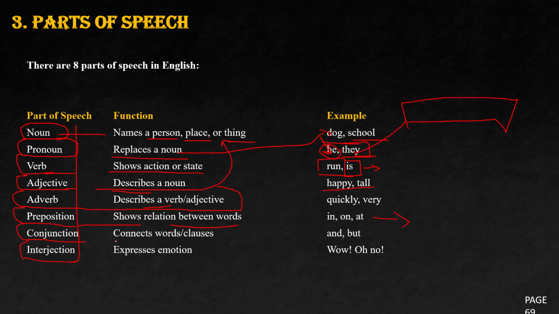These connect words or clauses, in short. And, or, but, right? Next is the interjection, which expresses emotion. Oh, oh no. Like that. Okay.